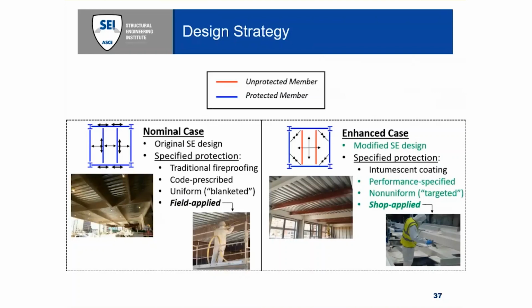The structural design primarily and customarily relies on one-way action of the slab, secondary members to girders, girders to columns. So one-way action. Also, the protective insulation, spray fireproofing, was applied in the field.